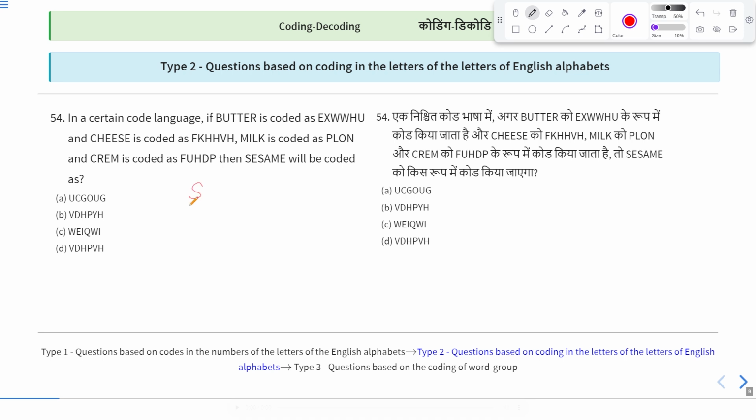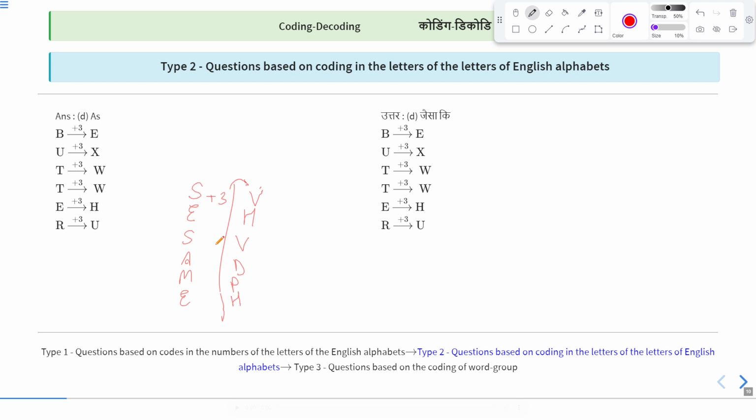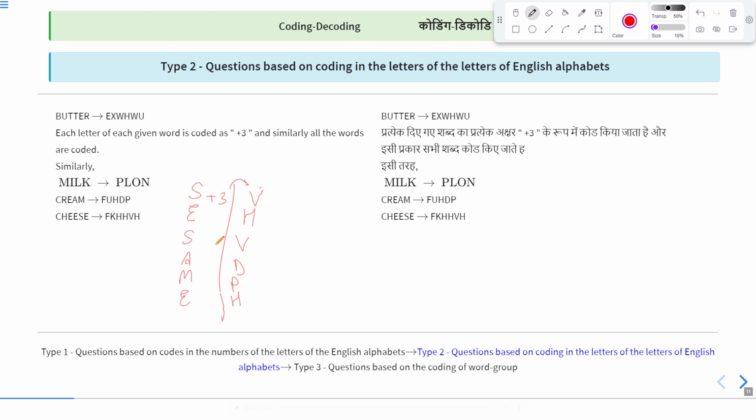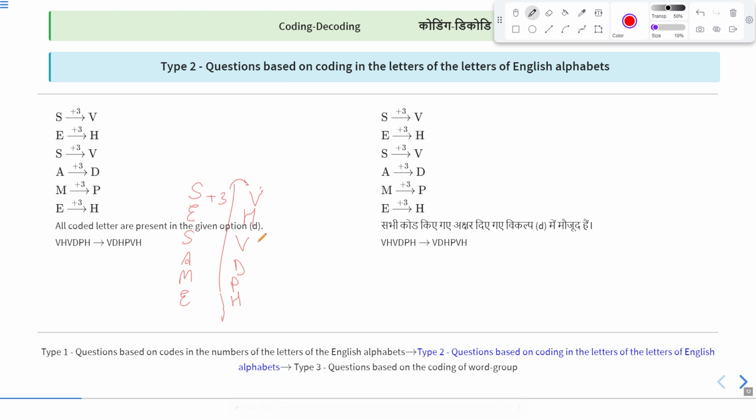So SESAME plus 3: S becomes V, E becomes H, S becomes V, A plus 3 is D, M plus 3 is P, and E plus 3 is H again. VHVDPH. That's option D.